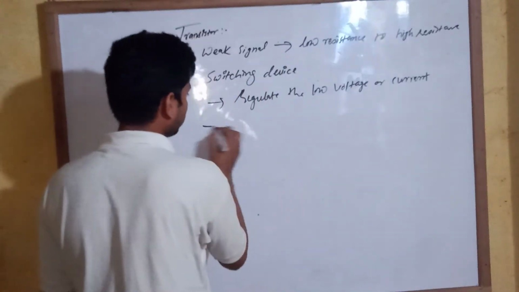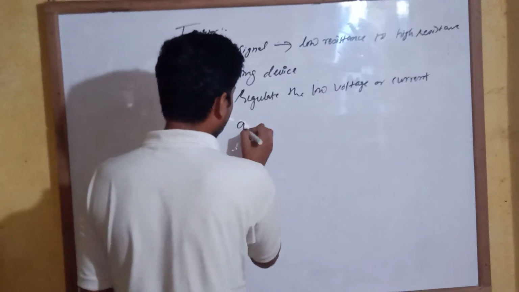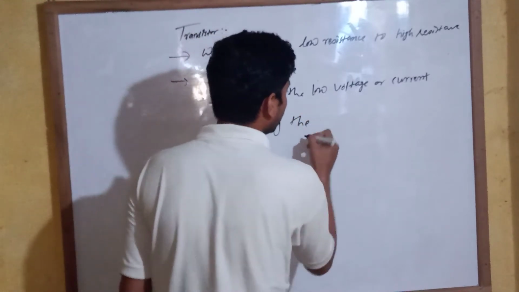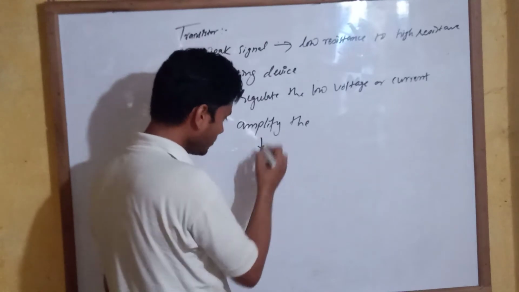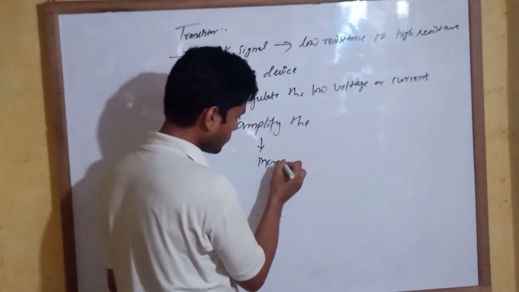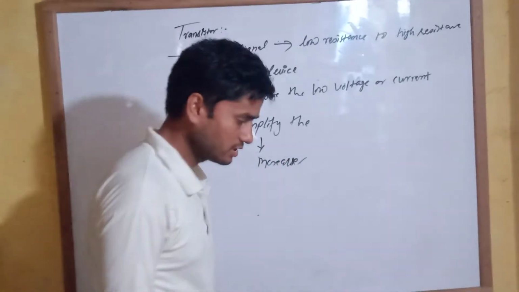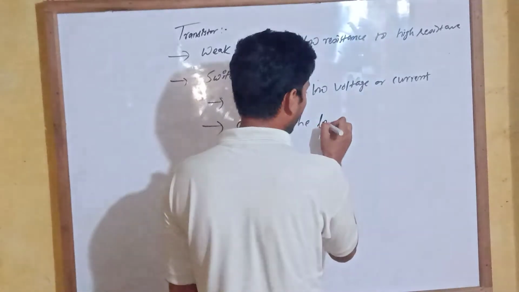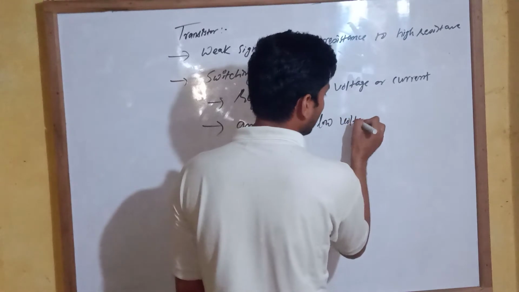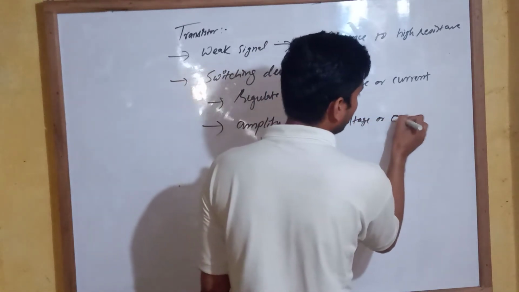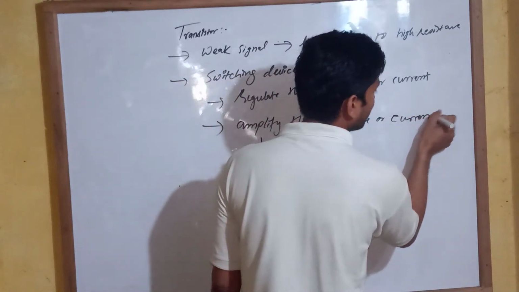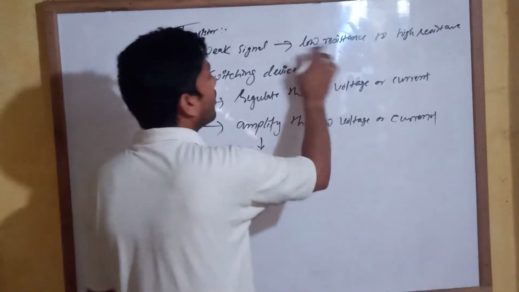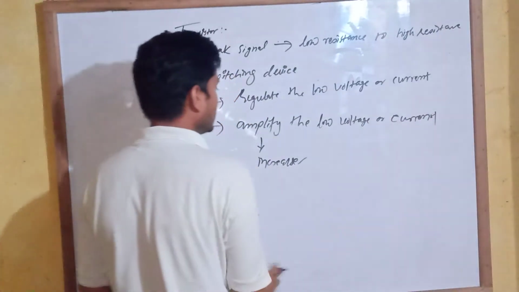Or it amplifies. Here the meaning of amplify means increase. It increases the low voltage or low current, which means it allows the signal to pass from low resistance to high resistance.